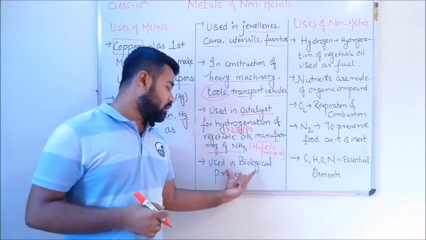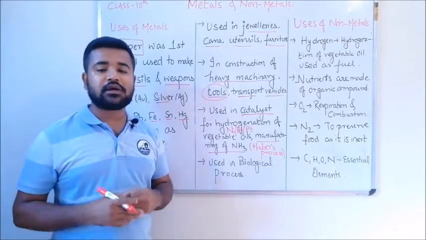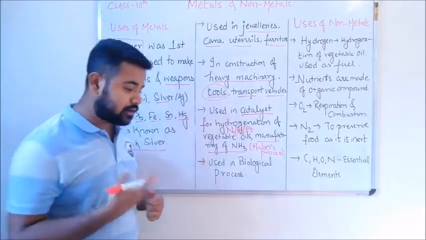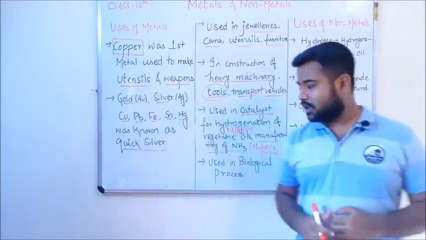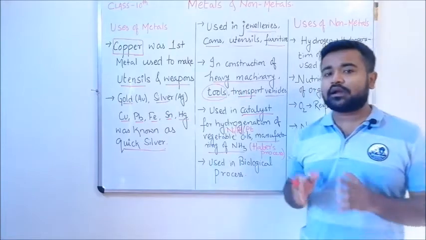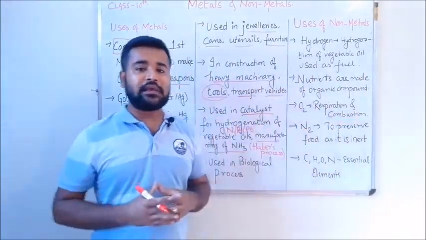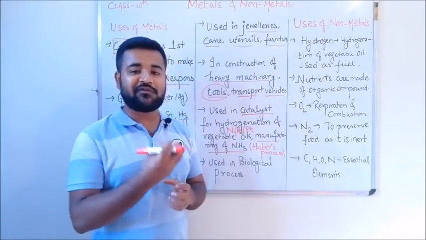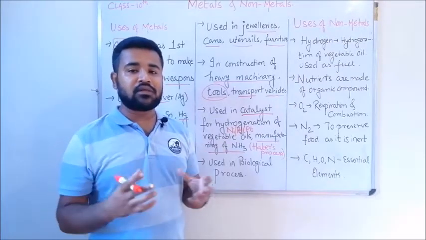Next is use in biological processes. What different biological processes are there? For example, in our body there is hemoglobin. Hemoglobin contains iron. This hemoglobin has a porphyrin ring structure, and in the middle there is the Fe, the iron metal. What is the role of hemoglobin?